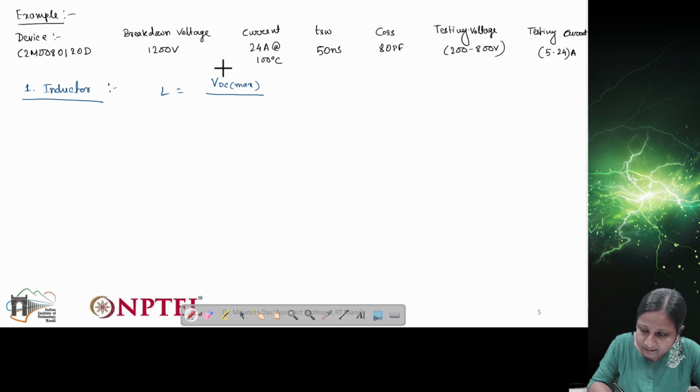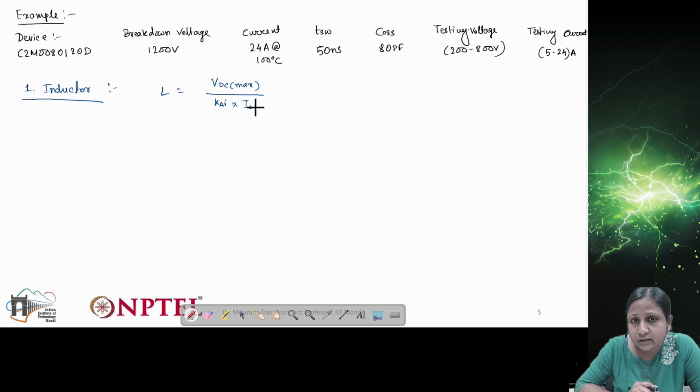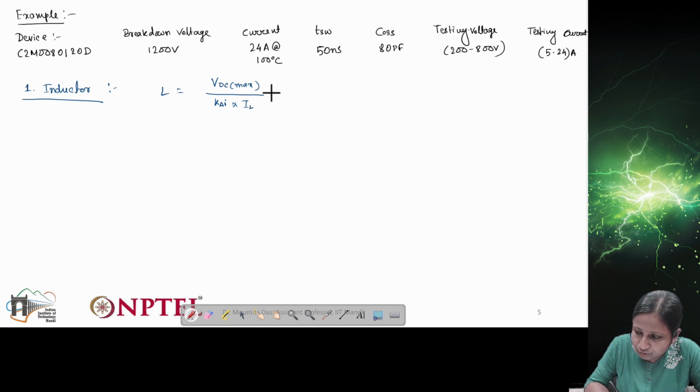So VDC maximum, and then you have one parameter K delta I multiplied by IL into TSW. IL we have to select as minimum, so IL should be minimum IL. TSW is given as 50 nanosecond.